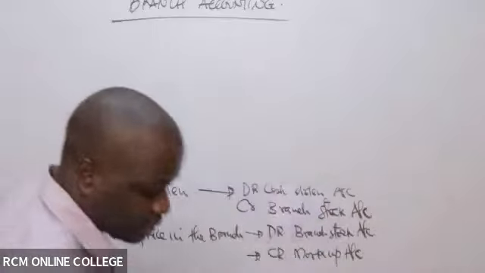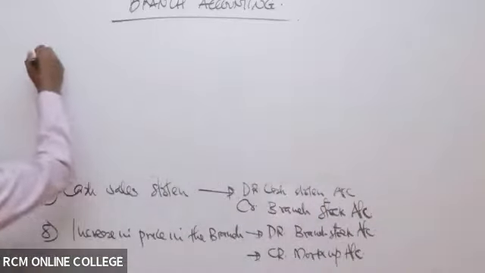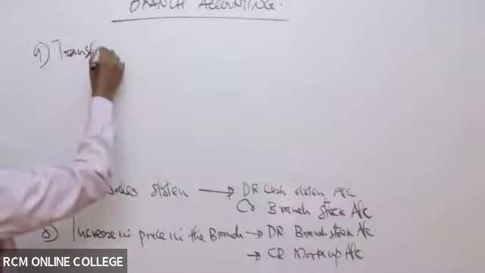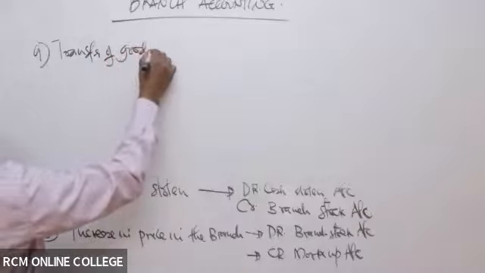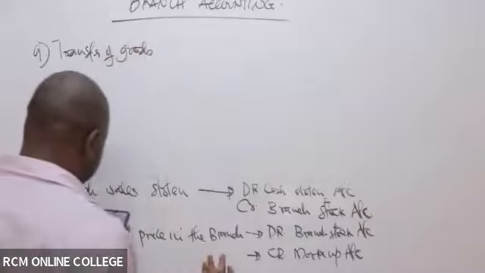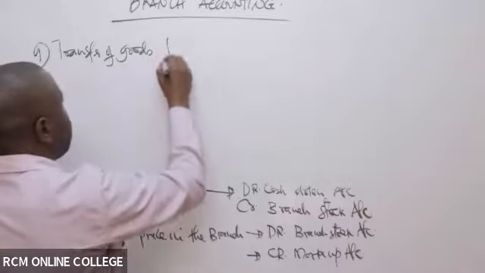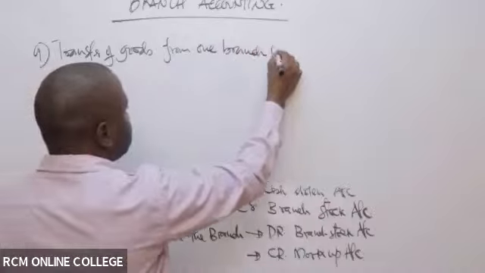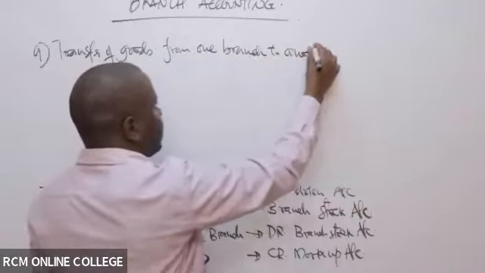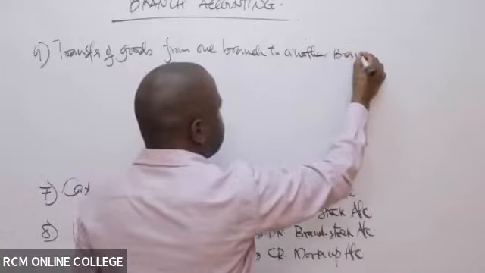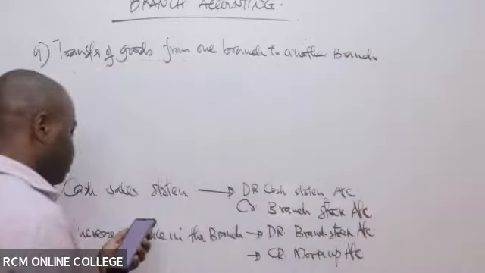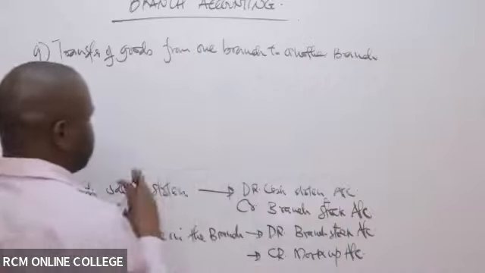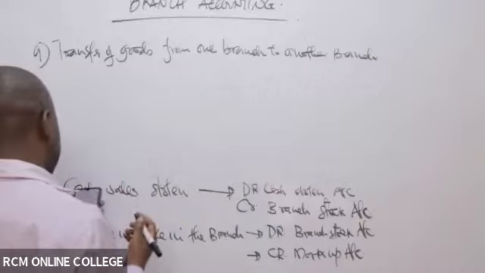So the last journal entry is for a transfer of goods from one branch to another branch. Remember, it is not from the head office to the branch or the branch to the head office. These are branches between themselves, transferring goods amongst themselves.